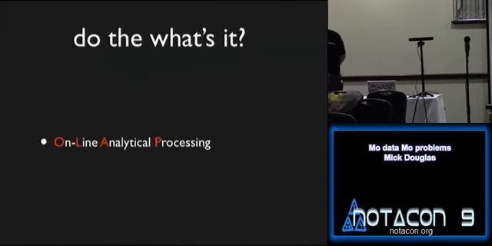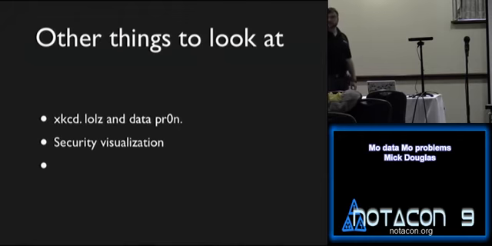XKCD has some amazing data visualizations. The one that was probably the most impressive was the money one, and I see some nodding. For those of you who don't know what I'm talking about, hit Google, hit Bing, or whatever search engine you prefer, and type in XKCD money, and it's a large PDF with each little, he draws these little squares, and they indicate, I believe, millions of dollars.